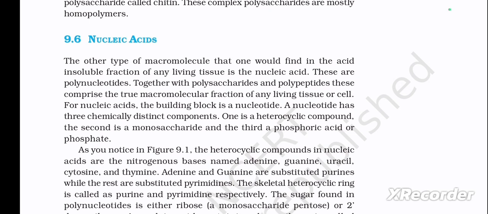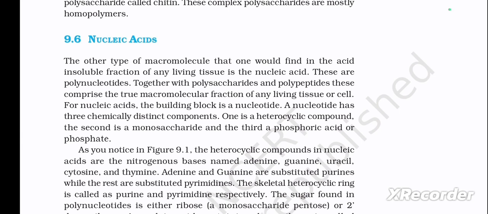Next, 9.6 nucleic acids. The other type of macromolecule that one would find in the acid insoluble fraction of any living tissue is the nucleic acid. These are polynucleotides. Together with polysaccharides and polypeptides, these comprise the true macromolecular fraction of any living tissue or cell.